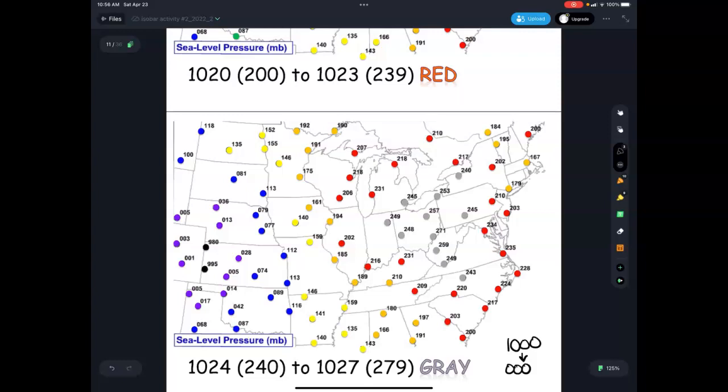So 1000 is going to fit somewhere between 1001.3 and the air pressure of 980. So I know that my 000 is going to fit in between here.